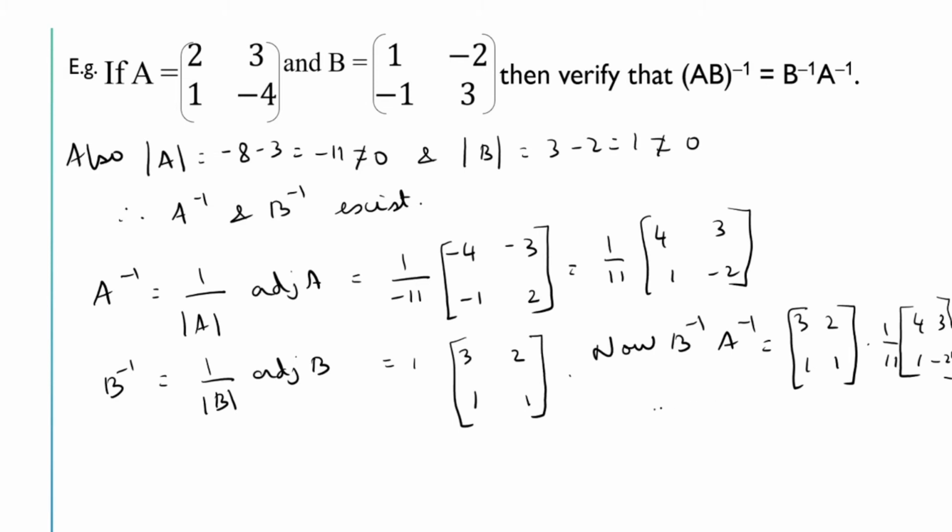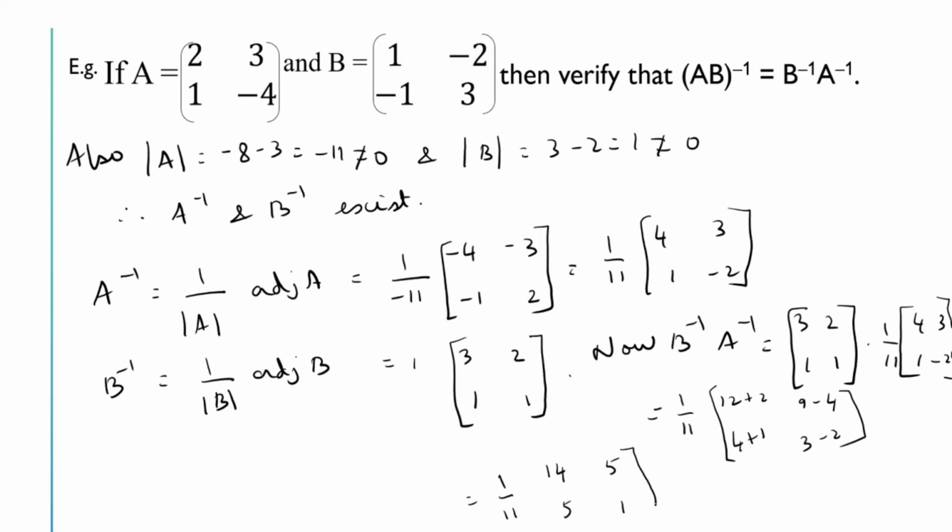Equal to 1 by 11 into first row first column 12 plus 2, first row second column 9 minus 4, second row first column 4 plus 1, second row second column 3 minus. So this is equal to 1 by 11 into 14, 5, 5.